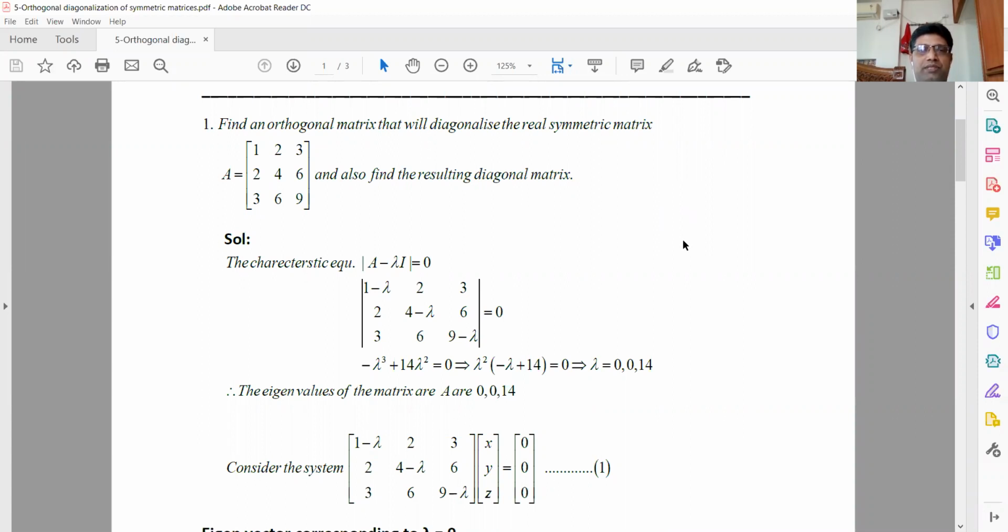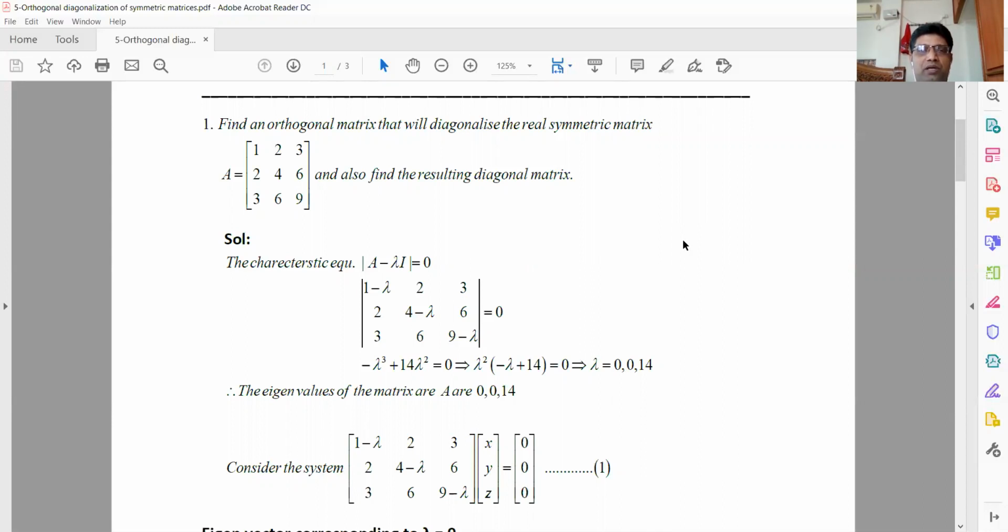The first step involved in this is you have to get the eigenvalues for the given matrix. Then for the corresponding eigenvalues, you have to get the corresponding eigenvectors. Once you have the eigenvectors, check whether they are pairwise orthogonal or not.